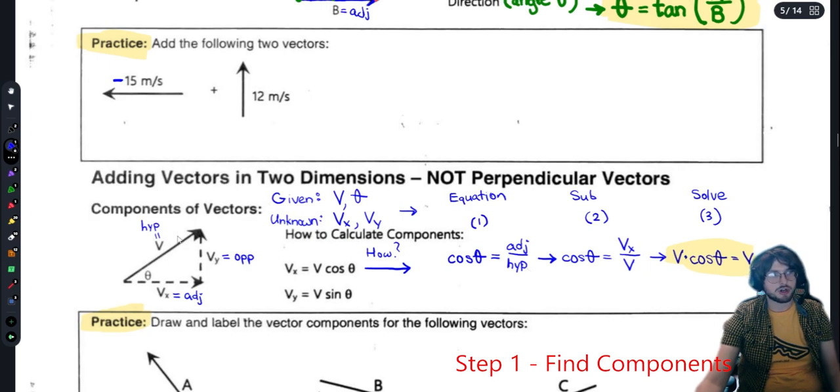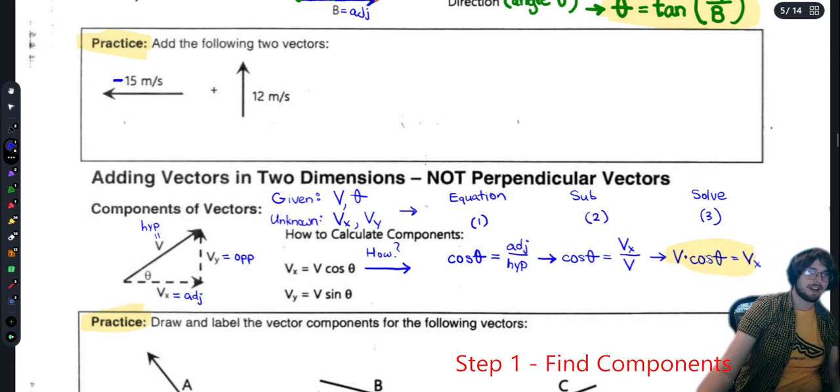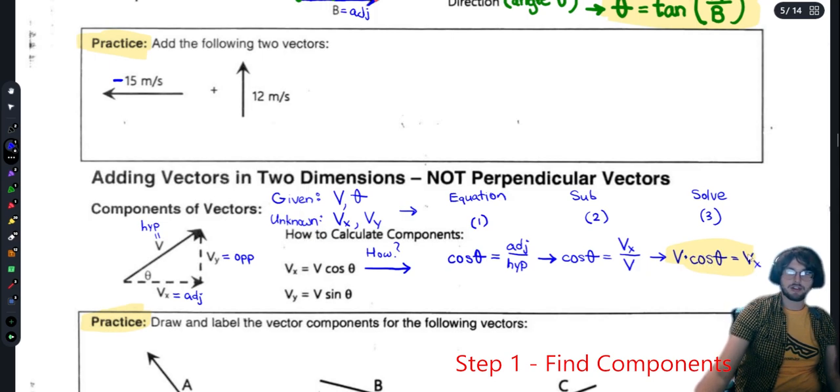Using our triangle over here as a reference, Vx is our adjacent, and V, our given velocity, is the hypotenuse. So we can substitute those in over here, and then at that point, you solve. You just multiply both sides by the magnitude of the vector, velocity V, to solve for Vx.